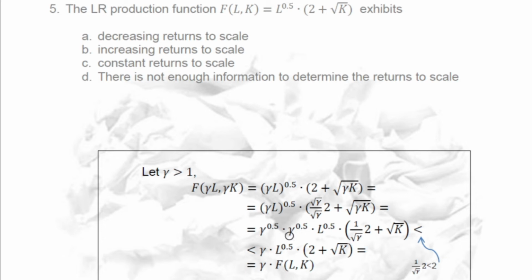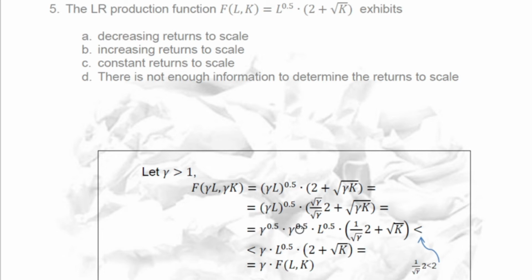We can write it like this: gamma elevated to 0.5 times L elevated to 0.5 times this parenthesis that is not exactly the parenthesis we had in the production function. Okay, this is the difficult point for non-homogeneous production functions.